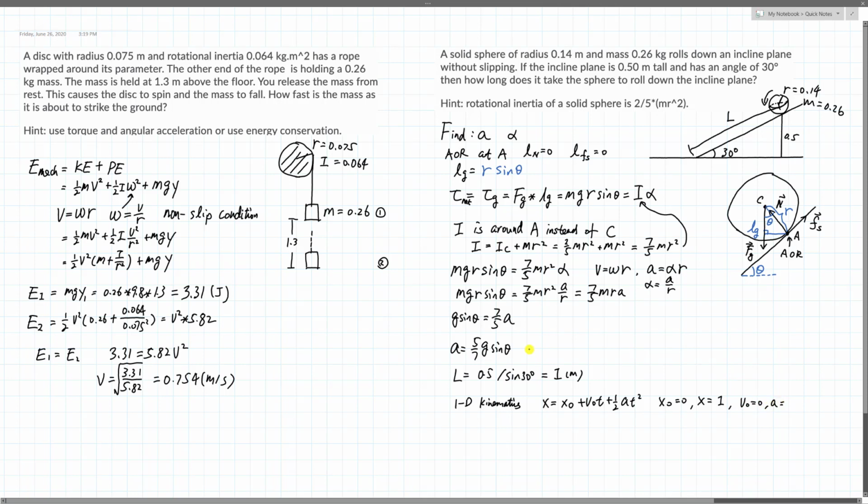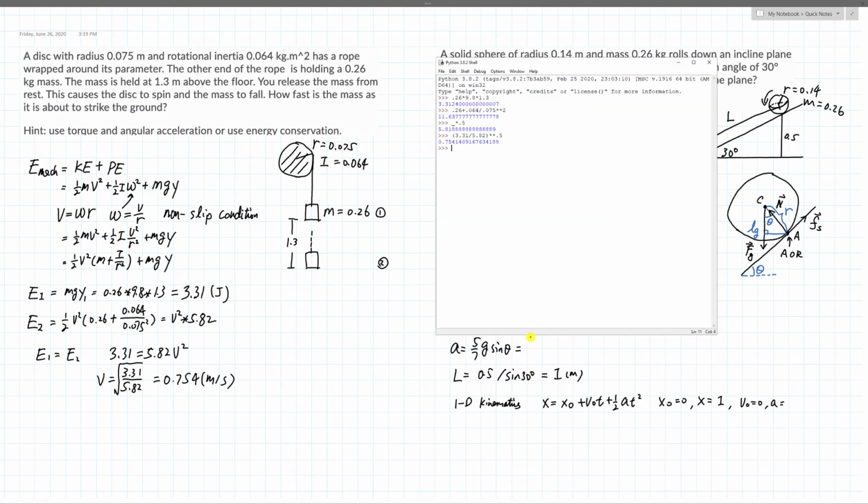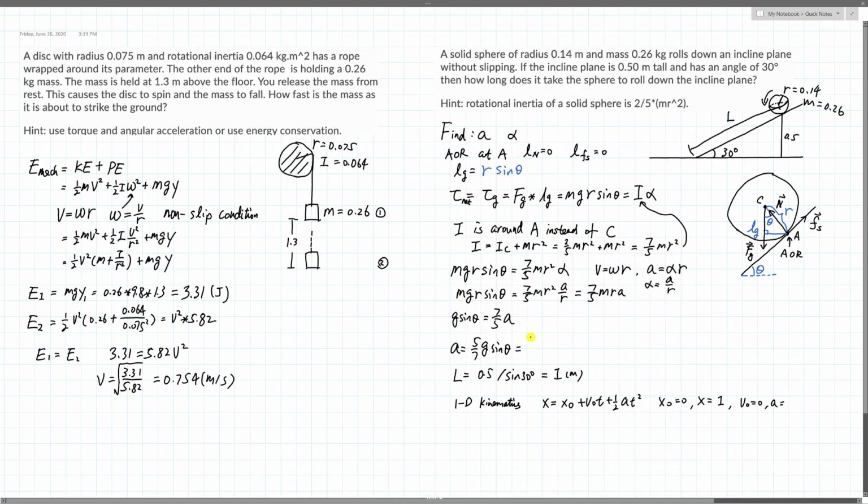I didn't calculate this into a numerical value, so let's use Python. 5 over 7 times 9.8 times sine 30, which is 0.5. So we have 3.5 meters per second squared.